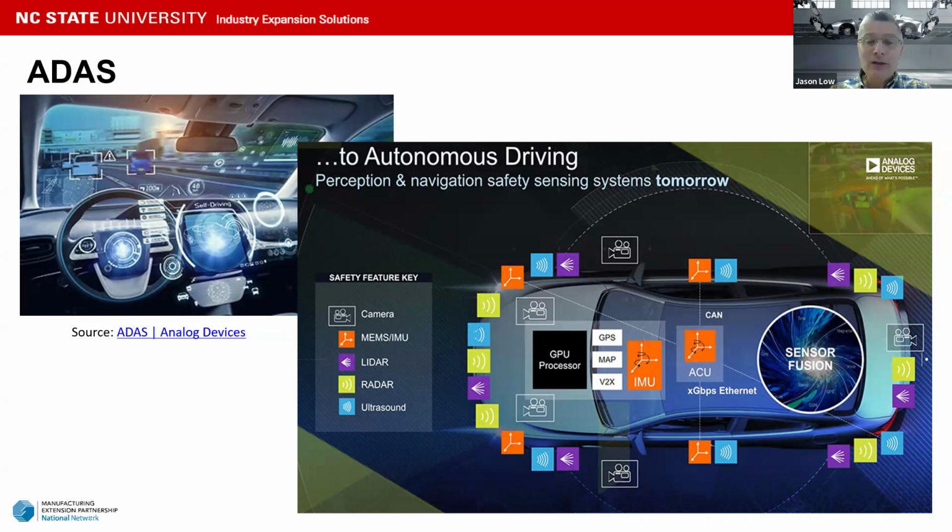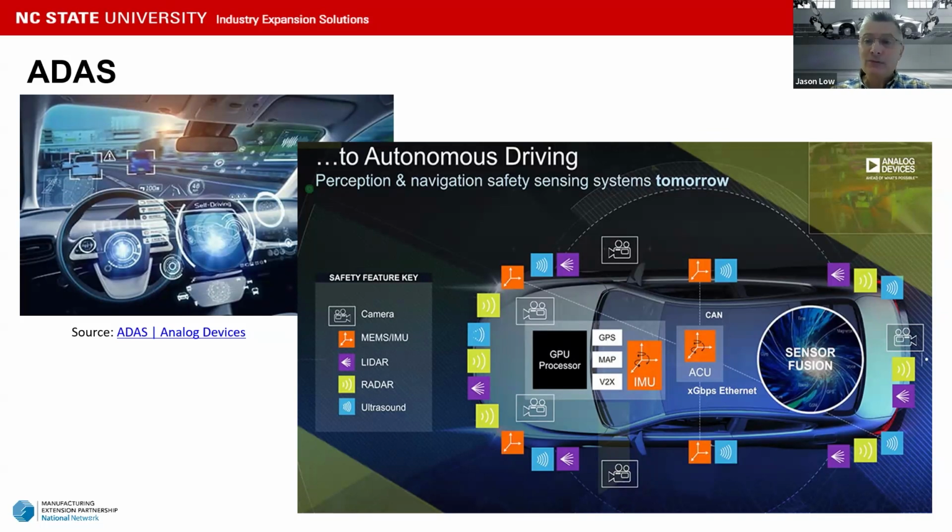So you see an image here that has 28 different sensing devices in total, some of them of different types, that all come together with this sensor fusion, as it's called, that provides our control system in the car to navigate us, right?